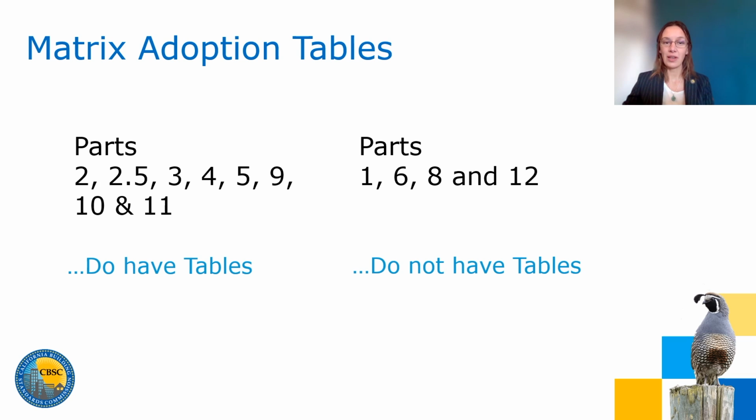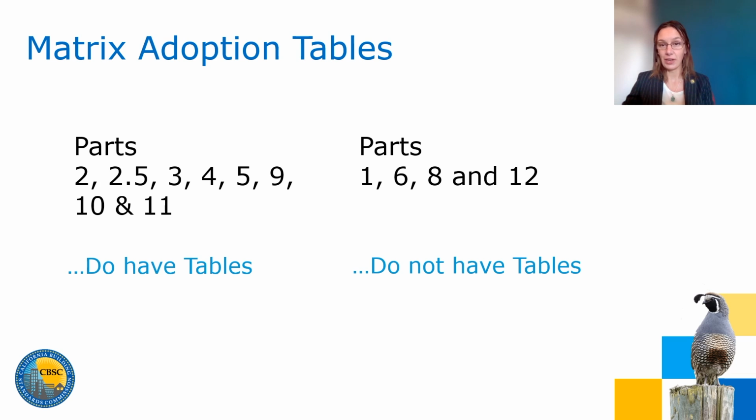MATs are non-regulatory and included in Title 24 to assist code users to correctly apply the regulations to their projects. Matrix adoption tables are included in all parts of Title 24, except Parts 1, 6, 8, and 12, which are not based on model codes.